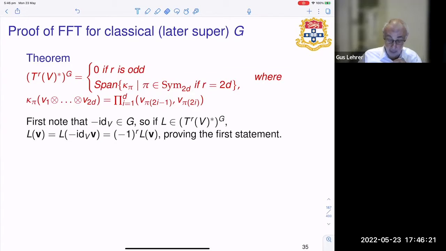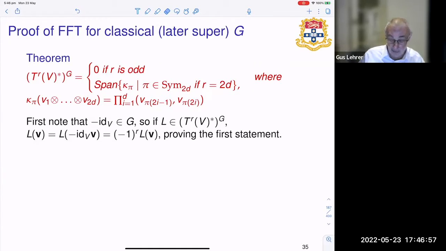I do want to point out this, that you always have minus the identity in these groups, the orthogonal group and the symplectic group. So that means that minus the identity acts on the R-th tensor power as (-1)^R. So if you want invariance, you better have R even.